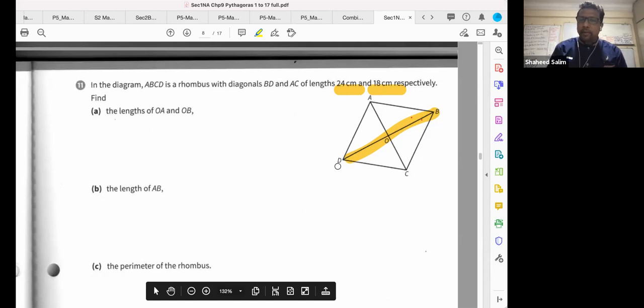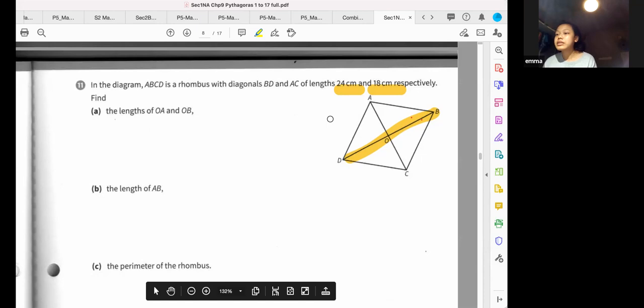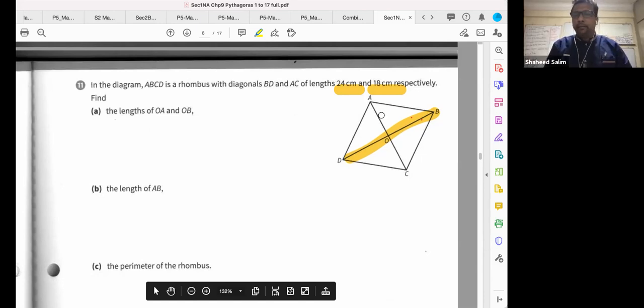Perimeter, rhombus, please. Perimeter. Very easy. 60. Okay, good. 15 times 4, 60. Yeah. Well done.